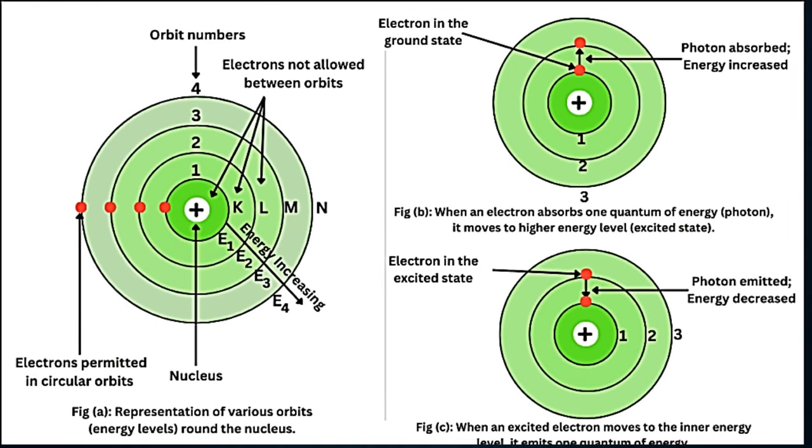When an electron is in its allowed orbit, we say that it is in its ground state, the state at which the electron has the lowest energy. So all these electrons here are in their ground state.